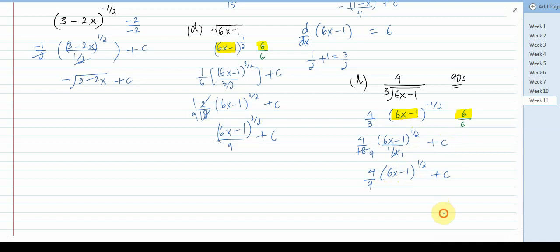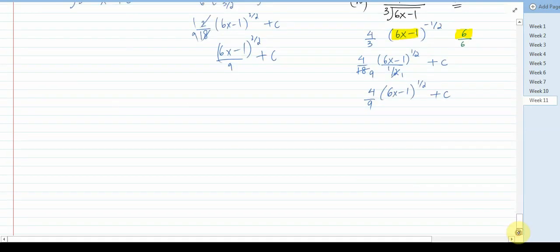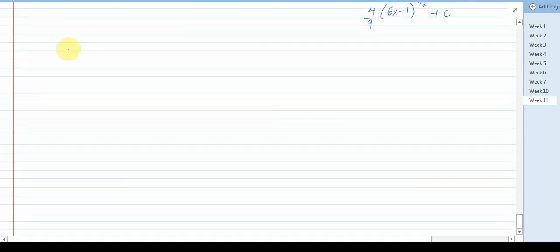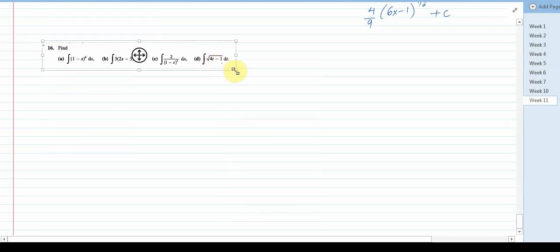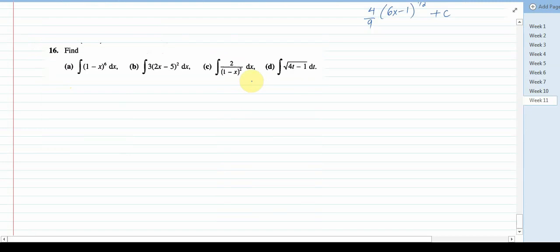Alright, moving on to the next one. After question number 15, it's question number 16. The same approach that we discussed in question number 15, and we are going to start with part B. It says integral of 3 times 2x minus 5 with the power 2 dx, right?